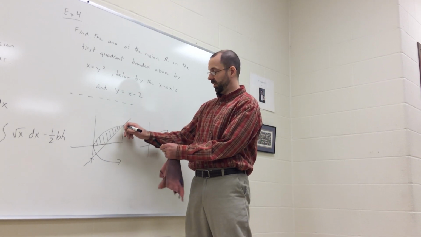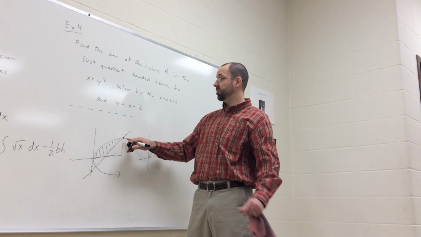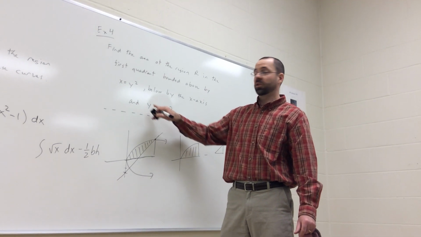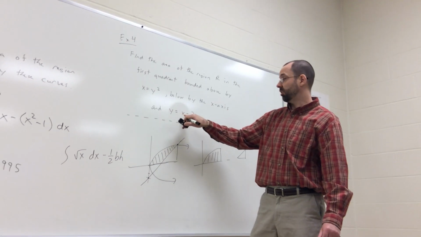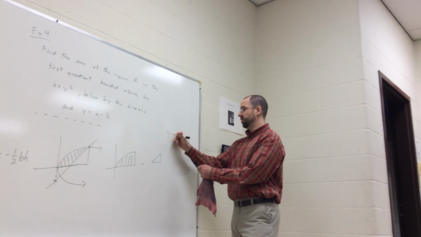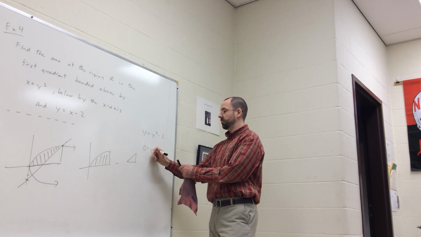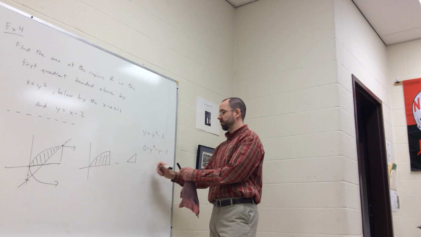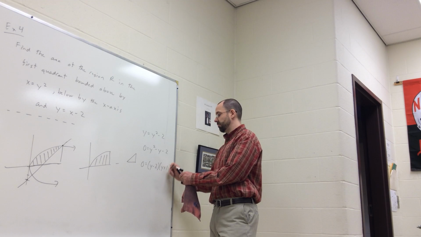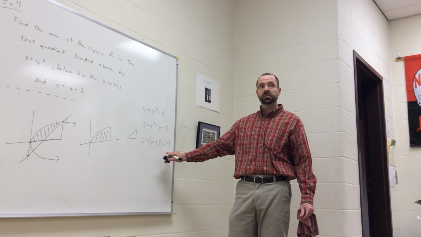How do I find this point here? It's the intersection between this curve and this curve, right? So x is y squared, so I could put y squared there. So y equals y squared minus 2. So the y values are 2 and -1.